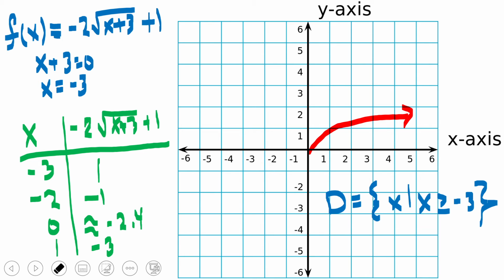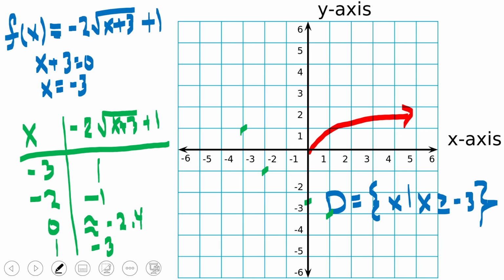So let's see what this looks like and whether all of the rules for our function apply. We'll check them out again after we graph. Okay, at -3, 1, we have a point. At -2, -1, we have a point. At 0, we have approximately a -2.4, and at 1, we have a -3.